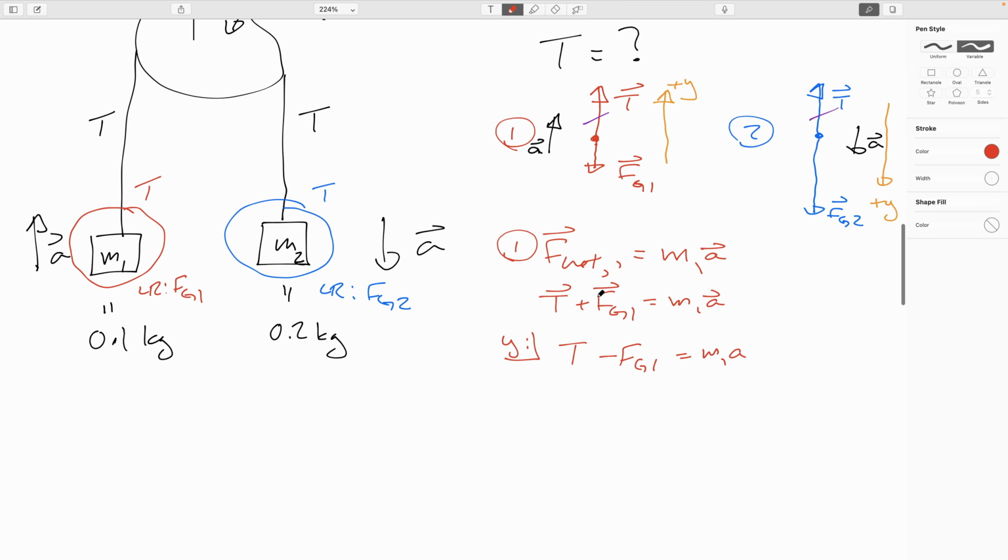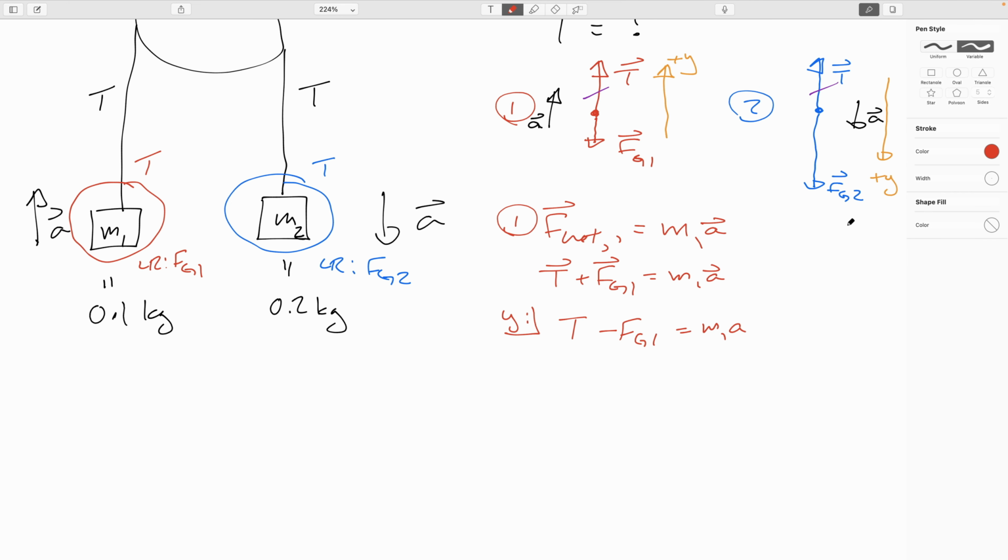Okay. And now let's go ahead and do this again, but we'll do it for system number 2. So now for system number 2, we can write F net for object number 2 is equal to its mass, m2, times its acceleration, a. Keep in mind, I should technically be writing a1 and a2, but since we worked out the magnitudes are the same, I'm calling them both a because we're going to go into components real quick anyway.